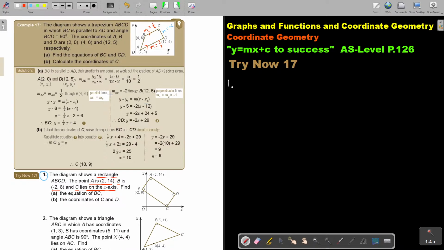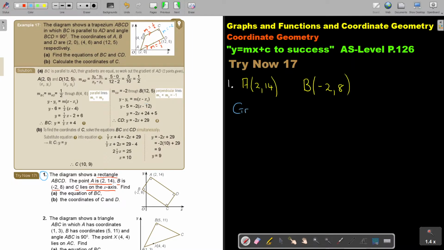Now let's start. I'm going to write my point A. What is A? It's 2 and 14. And I'm going to write my point B. What is B? It's -2 and 8. I'm first going to find the gradient of AB.